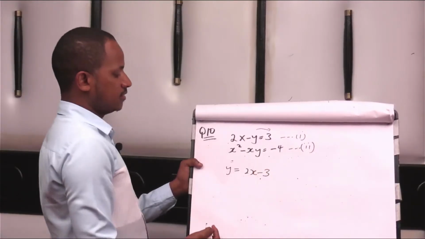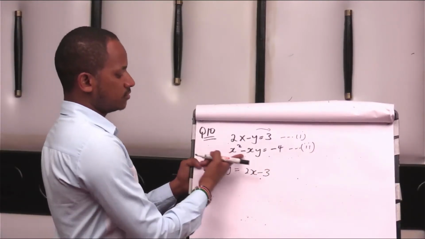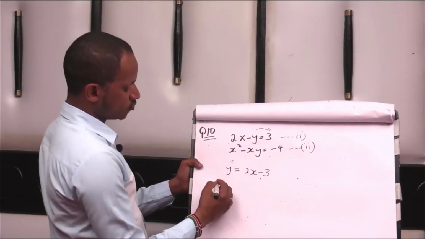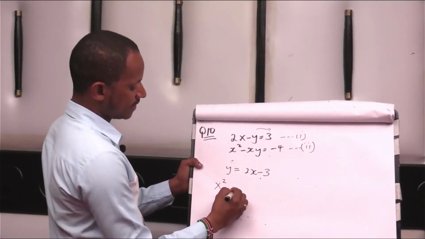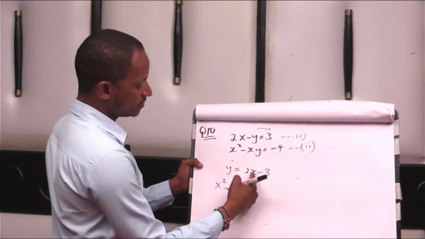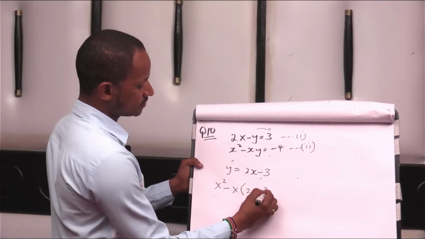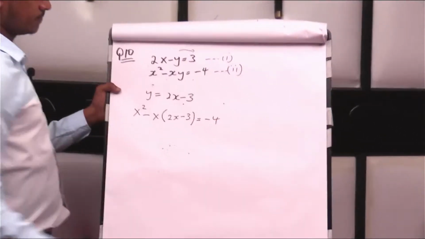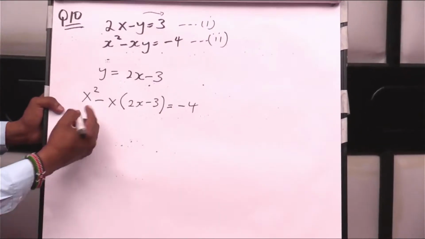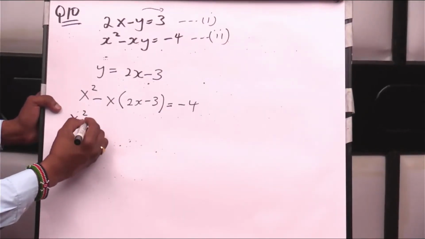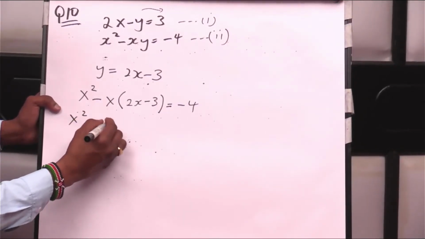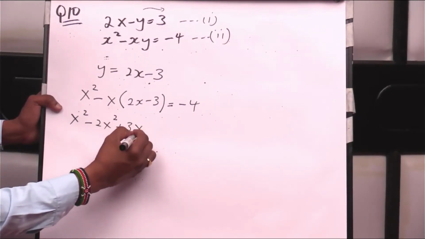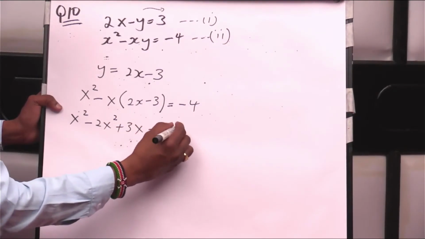So in the second equation, just substitute the value of y. So x squared minus x into y, which is given by 2x minus 3, equals minus 4. Open the brackets to get the value of x. X squared minus 2x squared plus 3x equals minus 4.